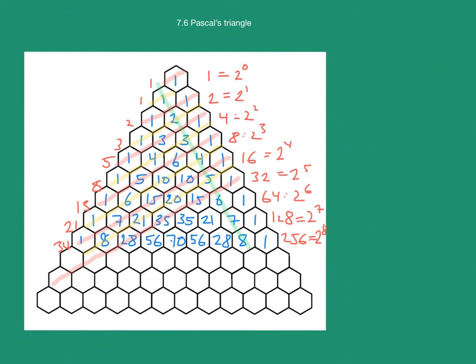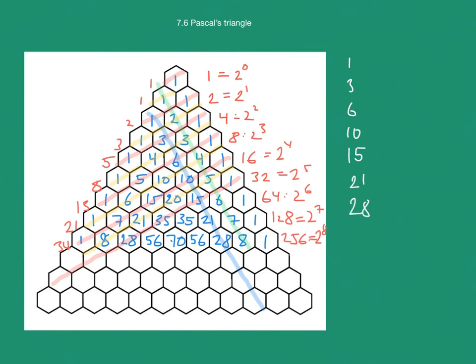If we look down the third diagonal, we have what is called pyramid numbers. And pyramid numbers look like this. So that's 1, 3, 6, 10, 15, 21, 28, and so on.